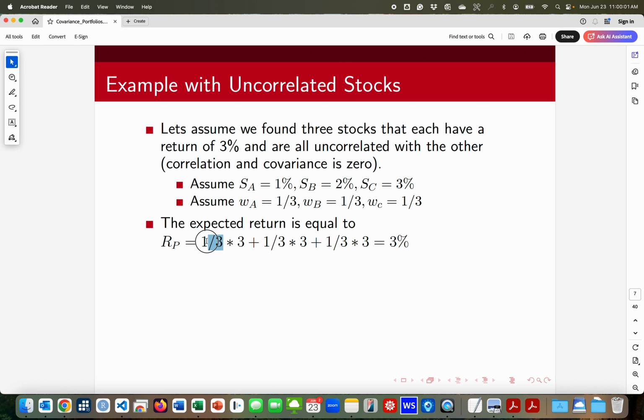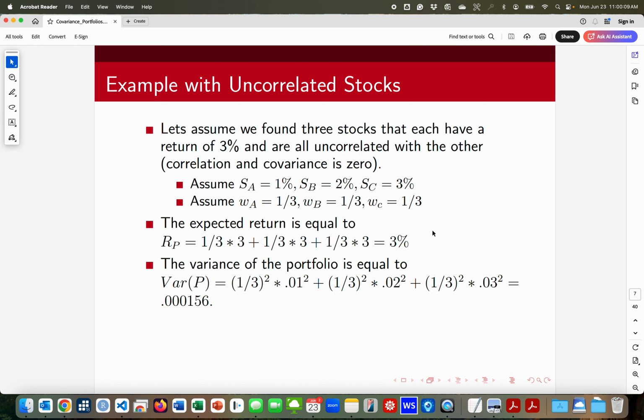So even though we're weighting WA, WB, WC, all the returns are the same, so we know we're going to get a 3% return. The variance, we're going to square the weights and then square the standard deviations, and we're going to get a variance of 0.000156. We don't care that much about that, but the standard deviation is what we care about, which is 1.25%.